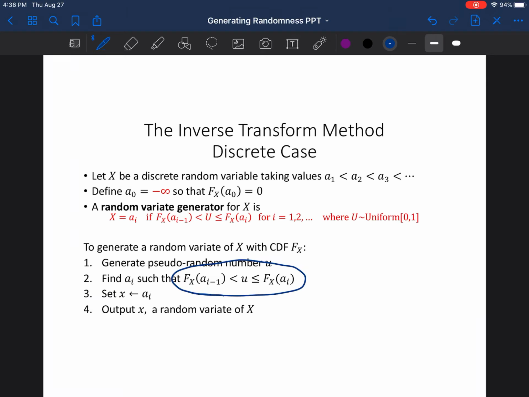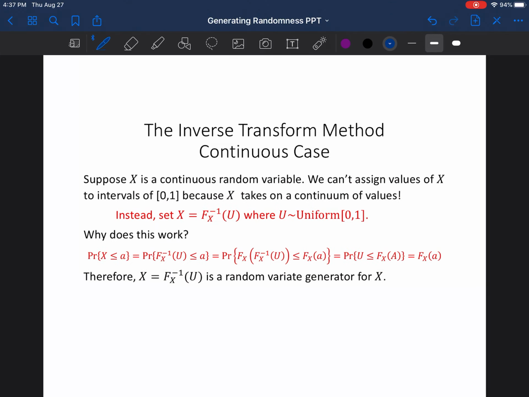Depending on what region the random number lies in, we return that value for the random variable X.